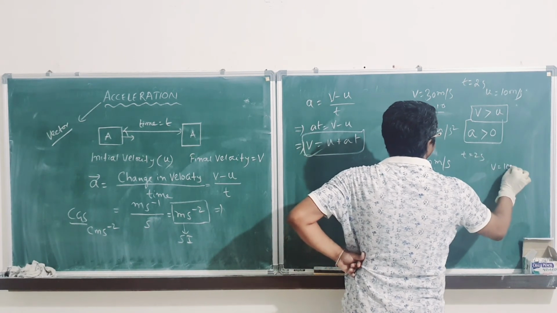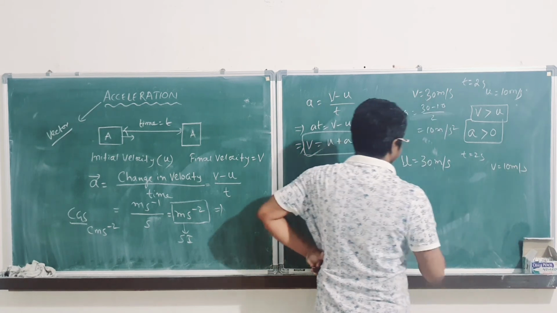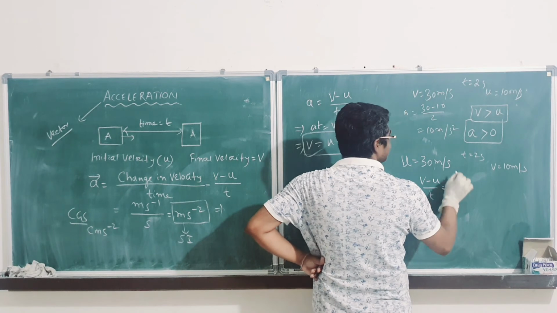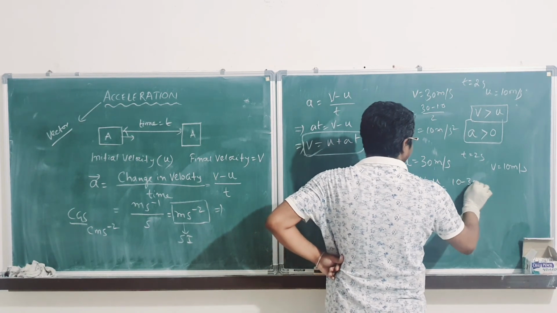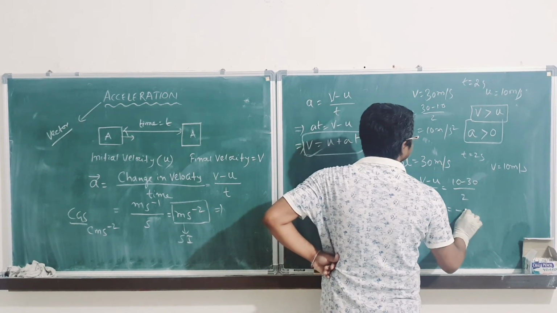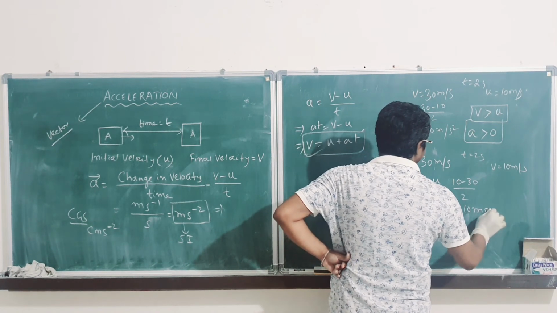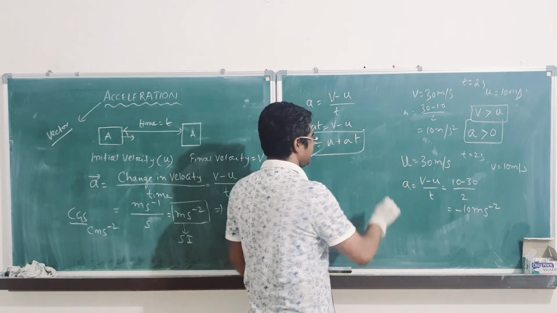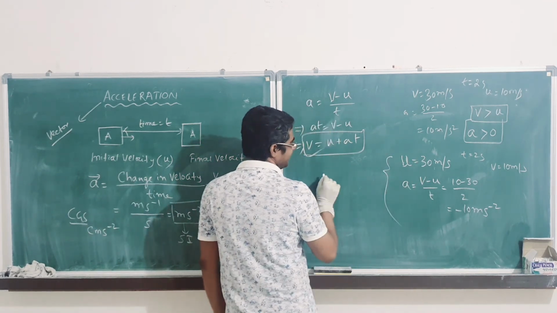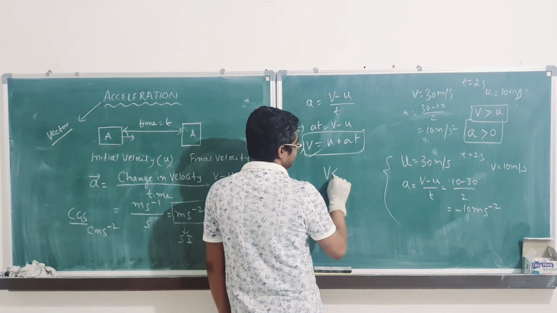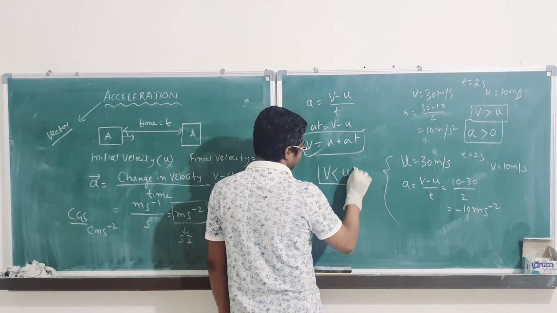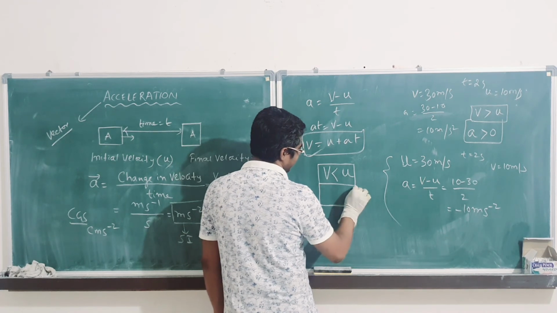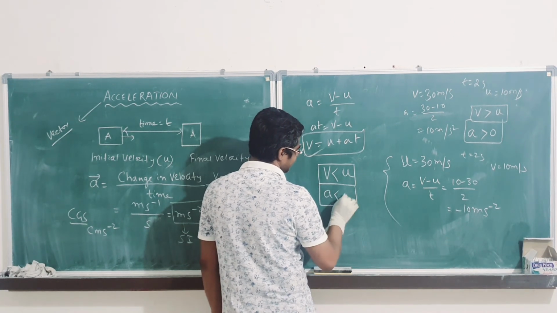Now suppose u is 30 meter per second, time is 2 seconds still, and v is 10 meter per second. If I want to calculate acceleration, then it is v minus u by t. So it will be 10 minus 30 by 2, which is minus 10 meter per second square. Why is this coming negative? Because in this case v is less than u, and definitely acceleration is less than 0.